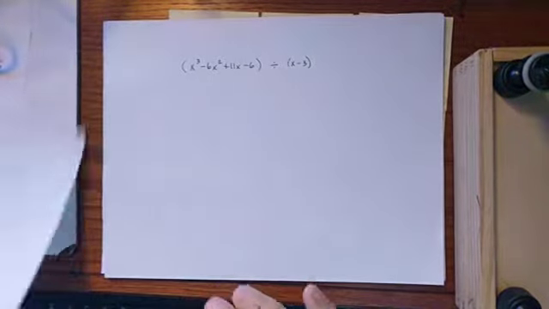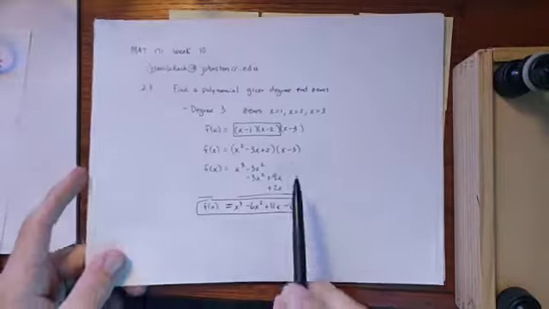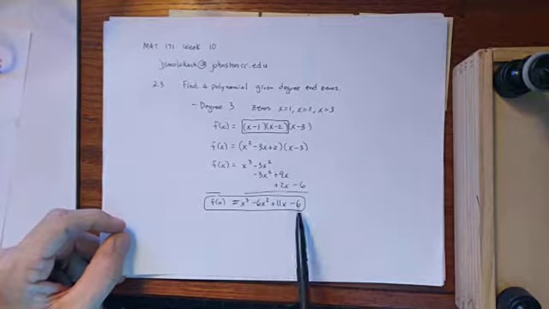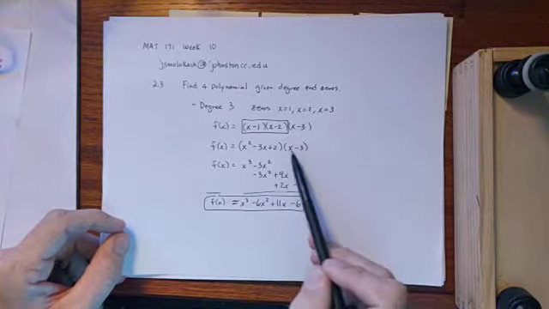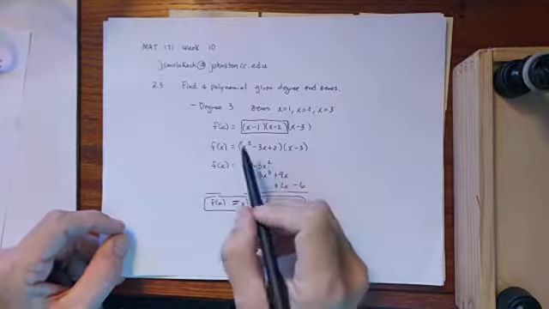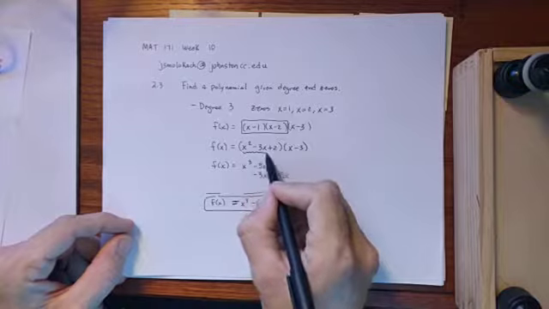From our previous work, if x minus 3 times this quadratic equals this, then when I divide this factor into this polynomial, this would be the answer. So this is what we're going to expect the answer to be right here.